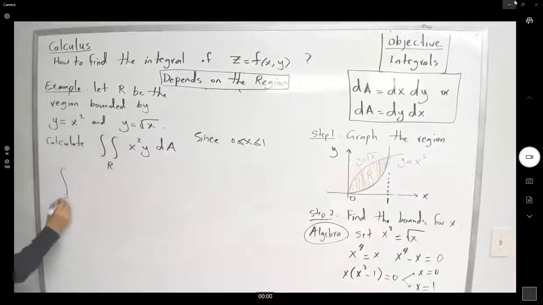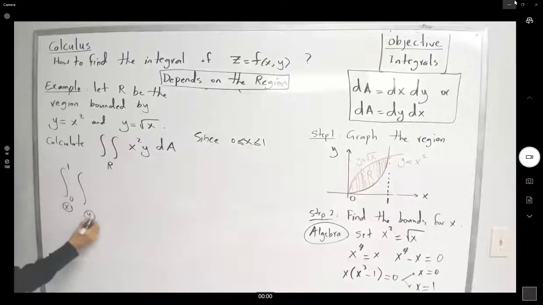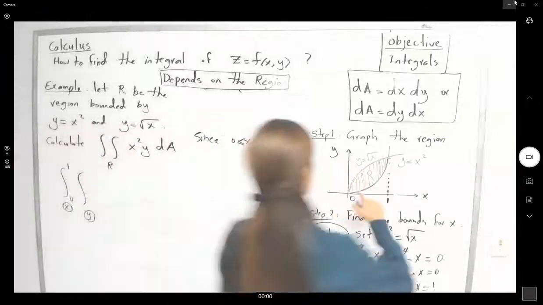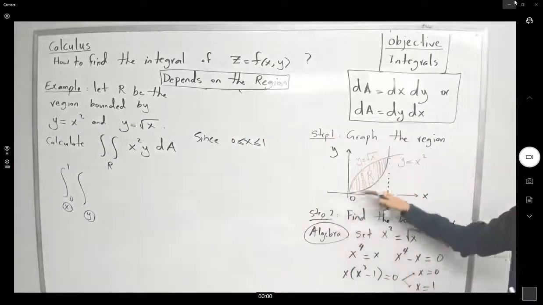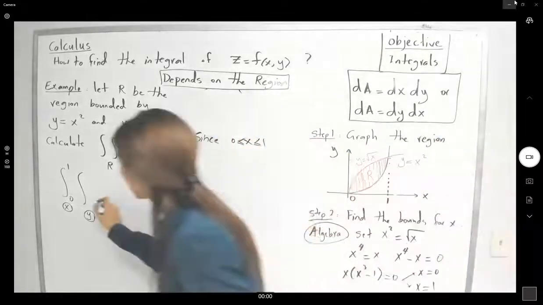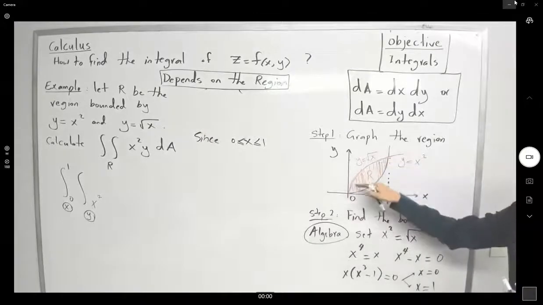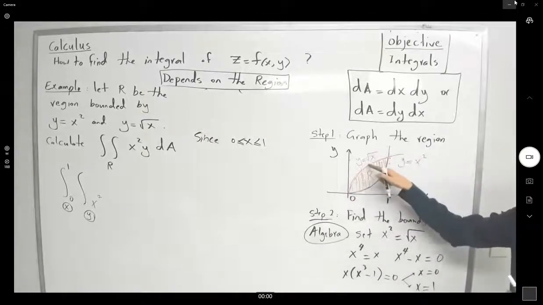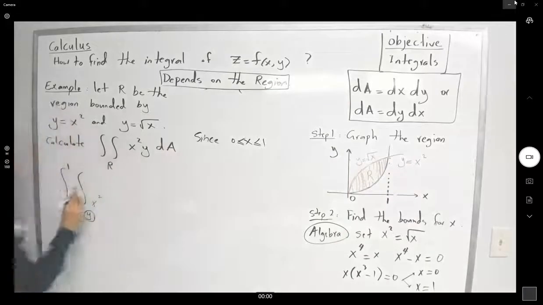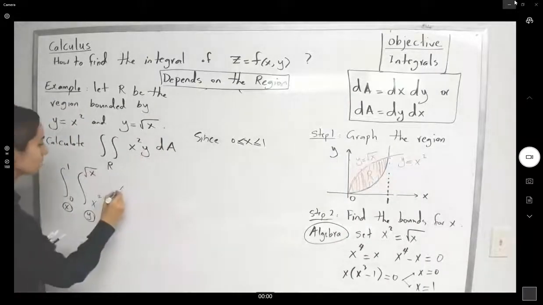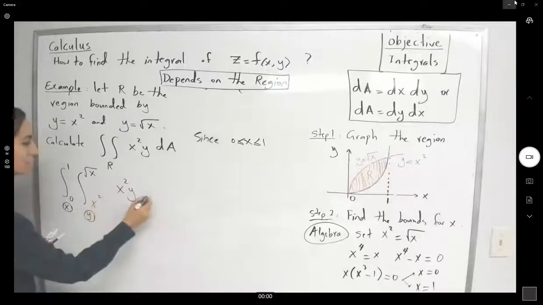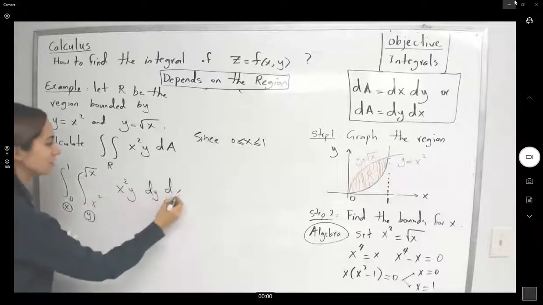You have the double integral, x from 0 to 1, and y. Again, guys, your minimum values are on y equals x squared, so the lower limit is x squared. Your maximum values are on square root of x, so the upper bound is square root of x. What is the function? x squared times y, dy dx.